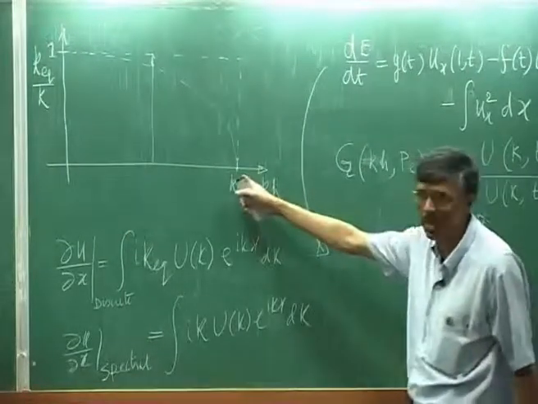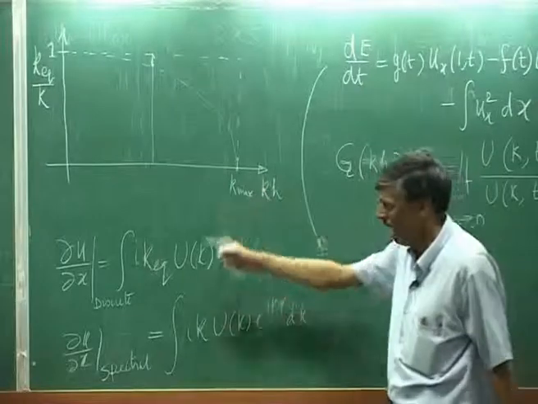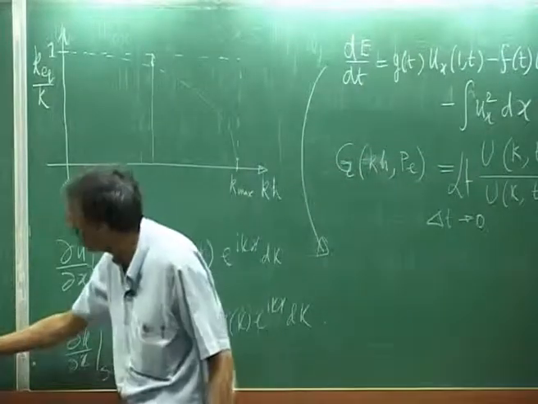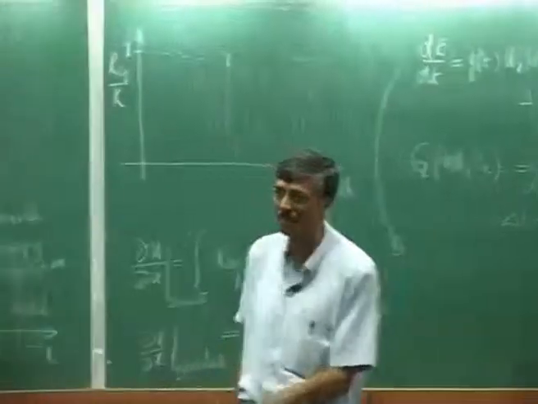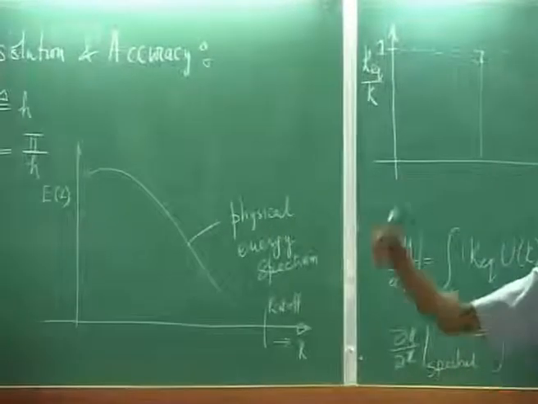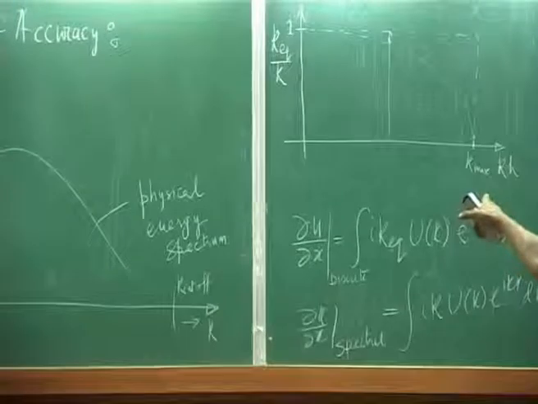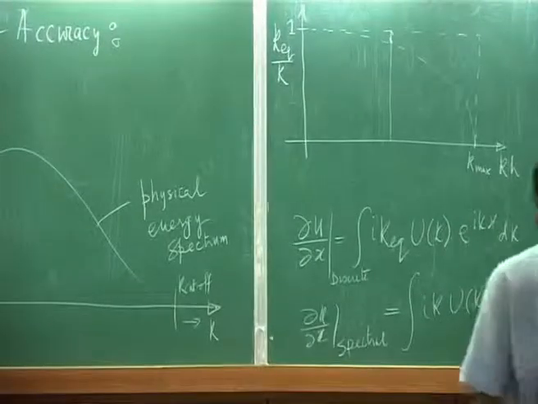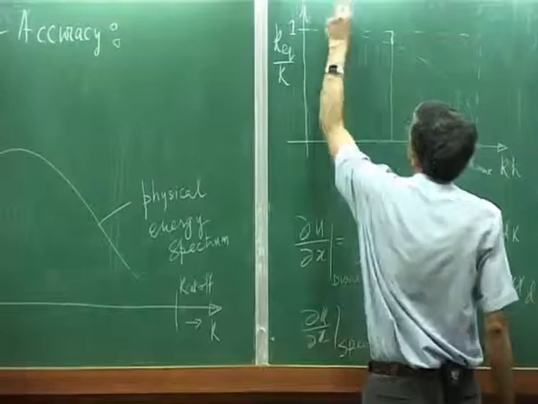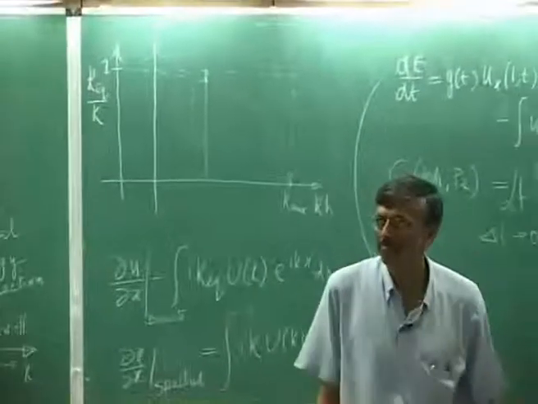So, my k max is here. I was very blase here by saying, oh, my k max is more than k cutoff. So, I should be okay, but here we are seeing we are not. What we are seeing is that we are actually getting somewhere here.